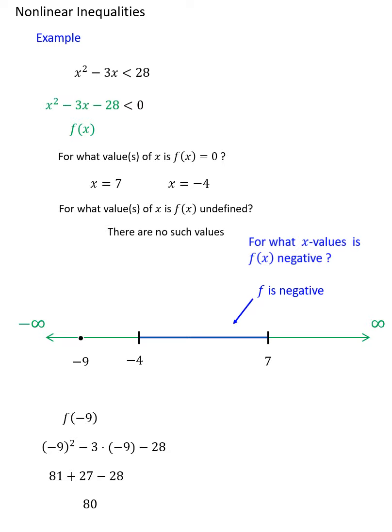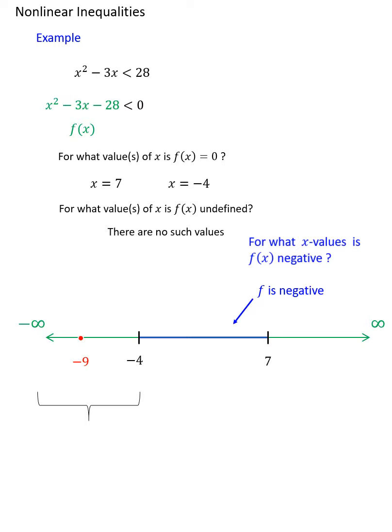But functions can only change from negative to positive or vice versa at the 0 value or undefined value locations, in this case negative 4 and positive 7. So if the function is positive when x is negative 9, then it's going to be positive anywhere in this interval. The function will be positive here and here and here and here and here and here.